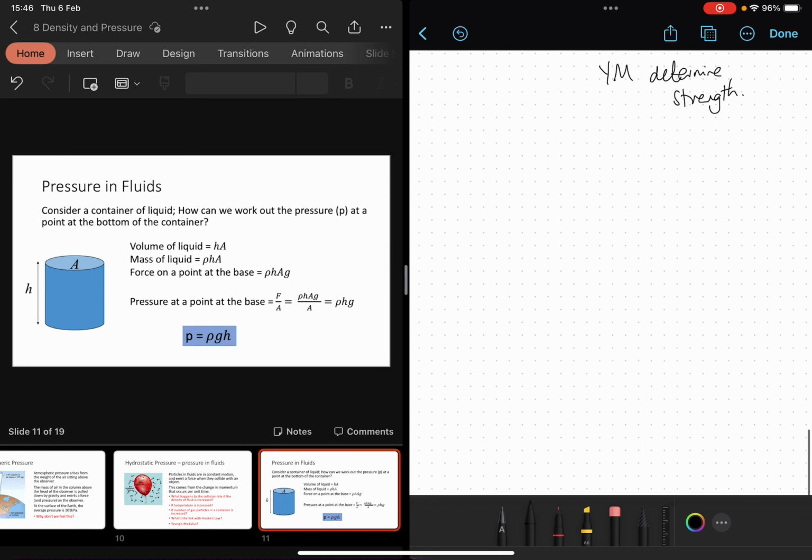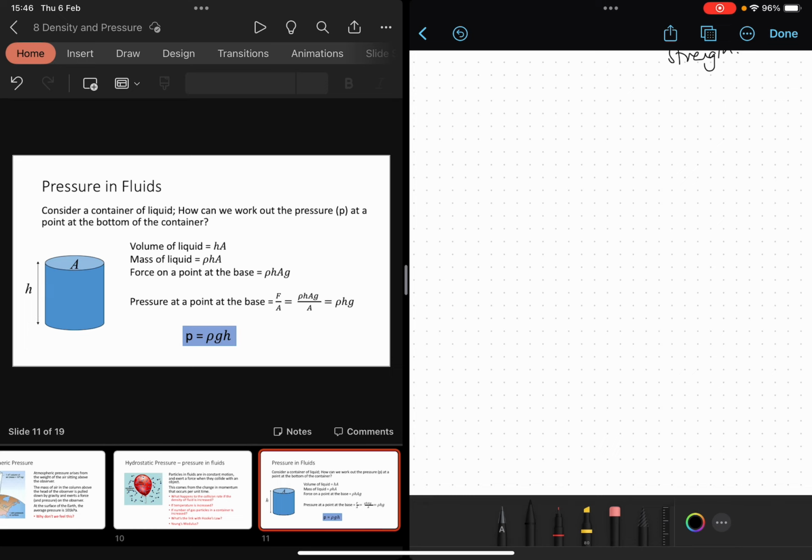The depth of that liquid is h meters, and the cross-sectional area of that container is A. So volume of the cylinder is area times height, isn't it? HA. Mass is density times volume. So the mass of the liquid contained in that container is the density multiplied by HA, which was the volume.